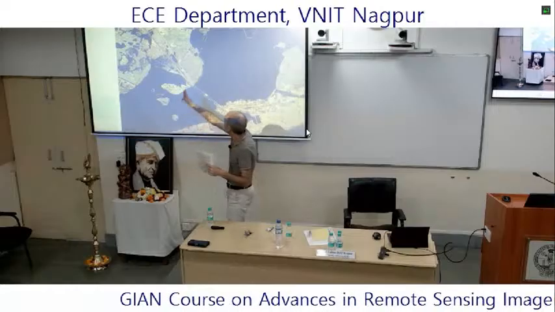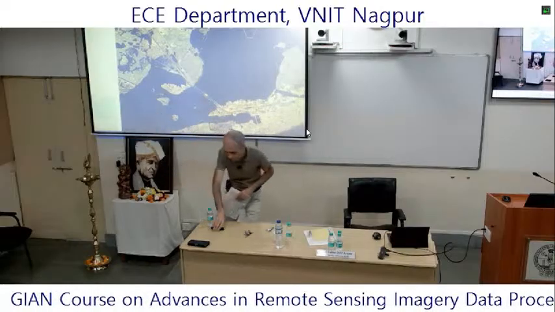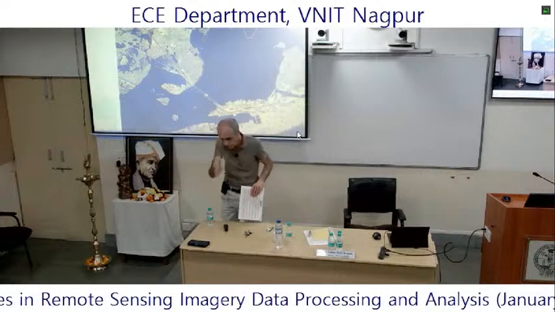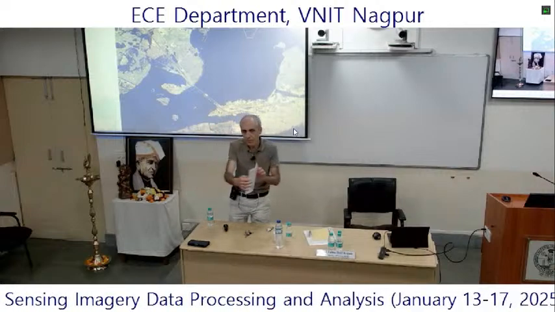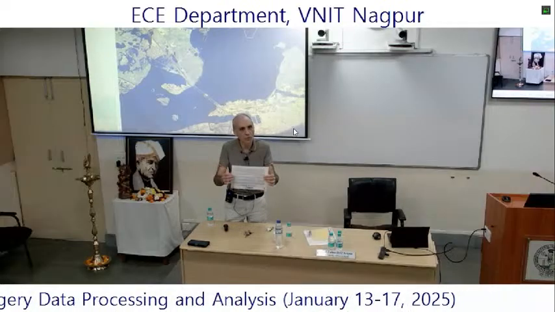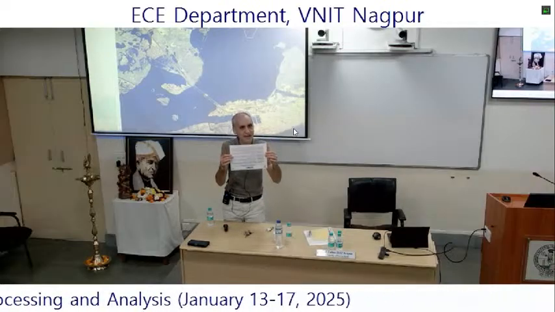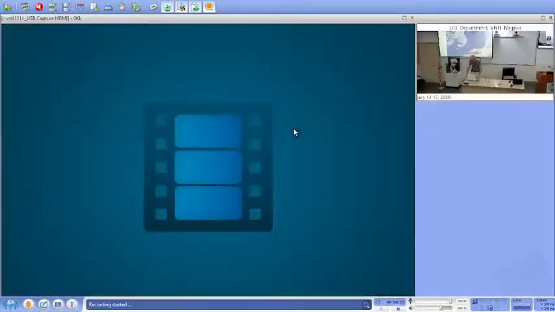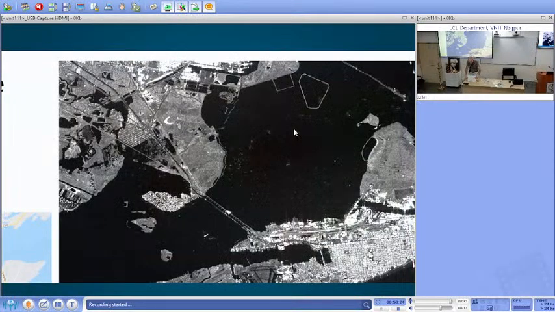So if they are oriented like this, vertically, then there will be at least one of the walls which will face the satellite, more or less, not exactly, but still sufficiently so. And so this will cause the double bounce to go back directly to the satellite.